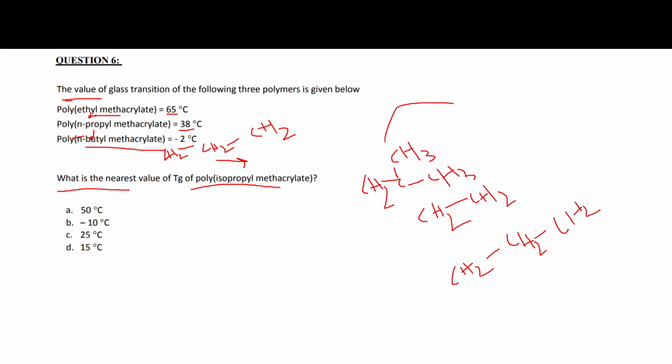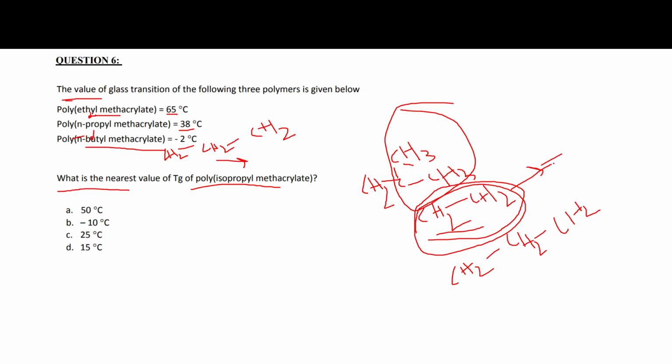With the isopropyl group here, it will not be that rigid as compared to the other one, because of the CH3 units, so it becomes less rigid. When there are CH2 units, it becomes more rigid because the packing is better. With better packing in the polymers, it needs much more energy compared to when there is less packing.